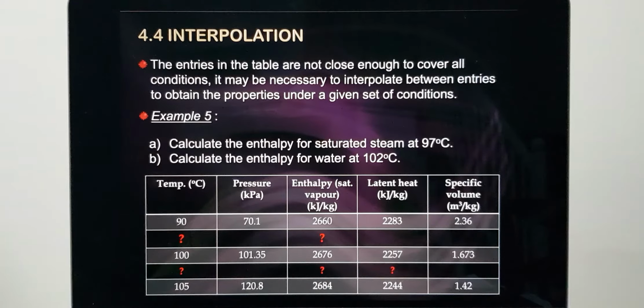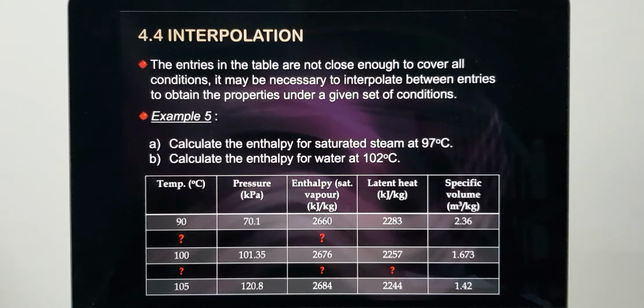Okay, interpolation. The value entries in the table are not close enough to cover all conditions, meaning that not all values are going to be given in the table. Certain values of temperature are not going to be in the table.